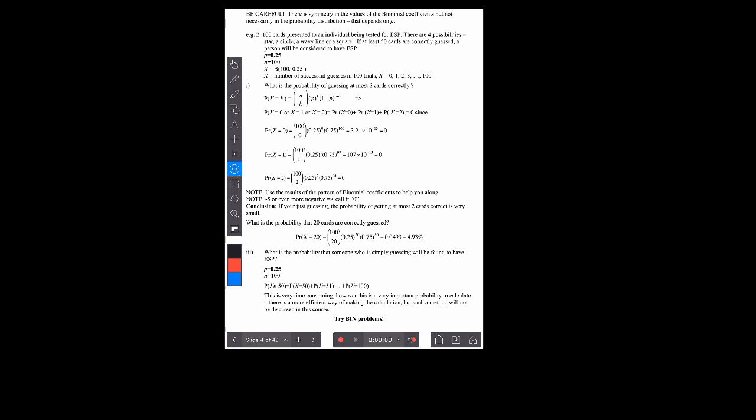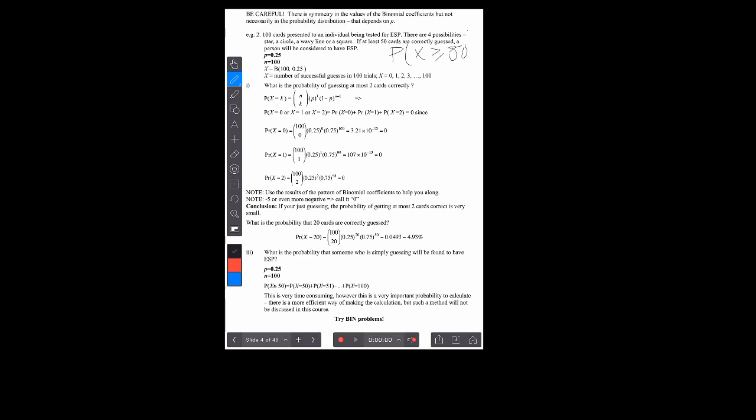At least 50 cards correctly means that we would have to calculate the probability of X being greater than or equal to 50.